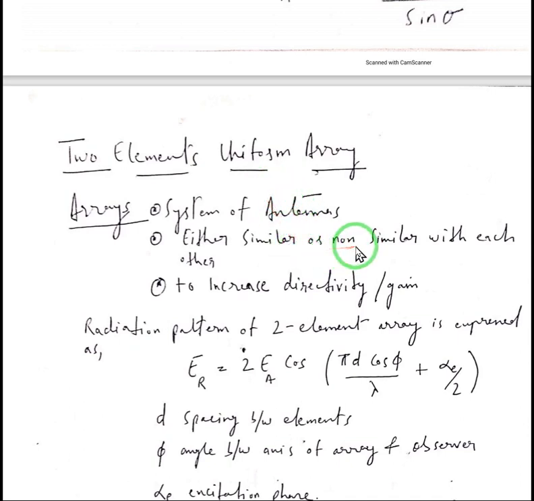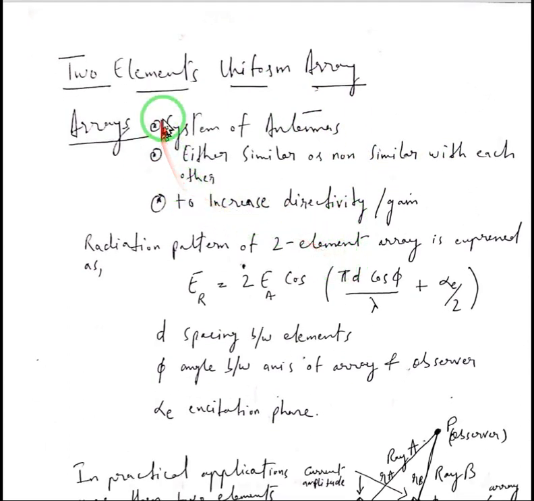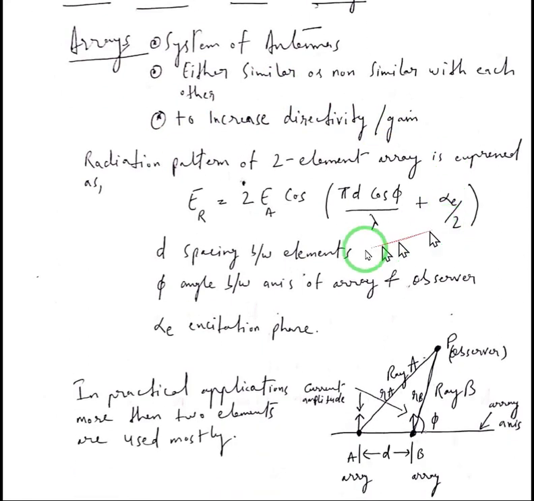If they have non-similar properties with each other and are connected in an antenna, then it will be a non-uniform array. As we are talking in the sense of uniform array, we will discuss the similar property elements that are connected with each other in order to increase the directivity or gain of the antenna.